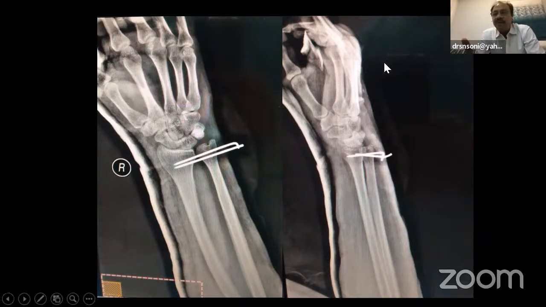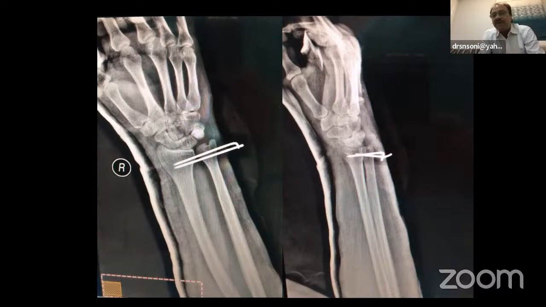Amit, I want to comment on one thing. If the dislocation is dorsal, then it should always be immobilized in supination. That is very important, number one. And second, if it is reducible, then there are chances of good healing. If a major injury is not there, then you can take a chance by putting in full supination with complete reduction of the joint.